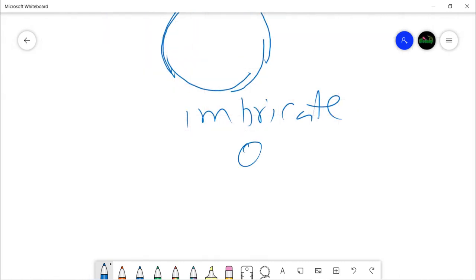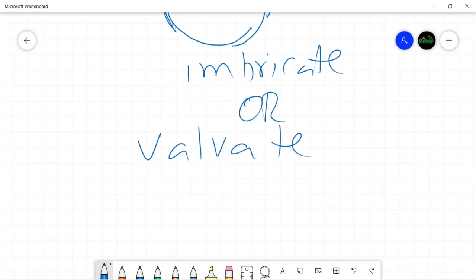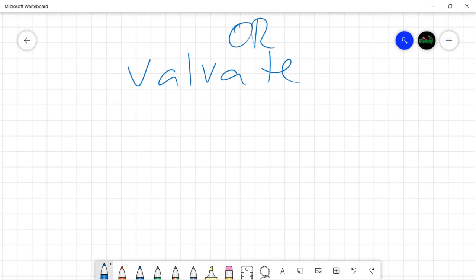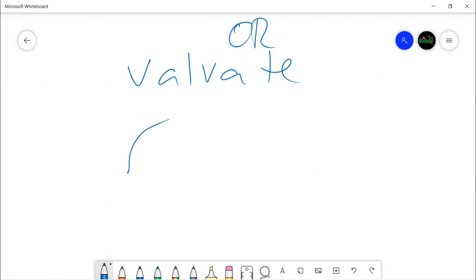Or their estivation might be valvate. So this is another arrangement of petals in the bud condition. Valvate is such that the petals do not overlap each other. No petal overlaps the other one. They simply touch or meet at their edges.